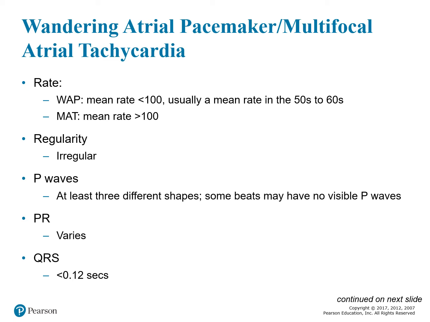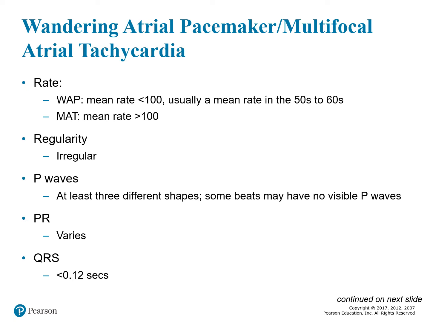Your regularity is irregular. Your P waves, you have to have 3 different shape P waves within the rhythm strip to be classified as a WAP. Therefore, making your PR interval varied, and your QRS is less than or equal to 0.12 seconds.